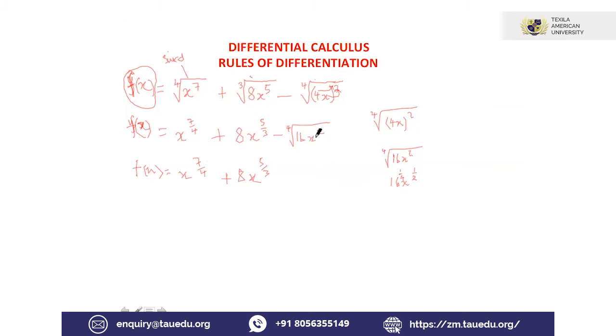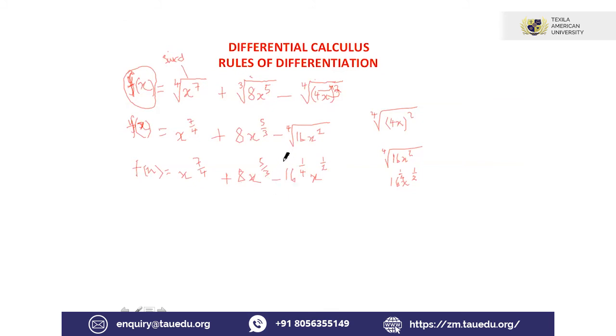It is possible to just say minus 16 to the power of 1 over 4, which can be simplified anyway. Then x to the power of 2 times 1 over 4 will give you 1 over 2. But we all know that 16 to the power of 1 over 4 will give you 2.